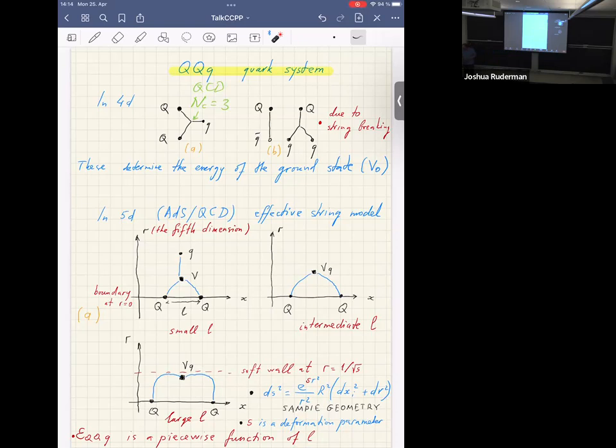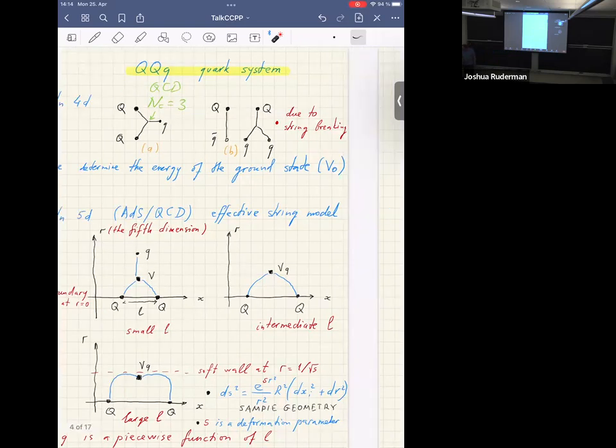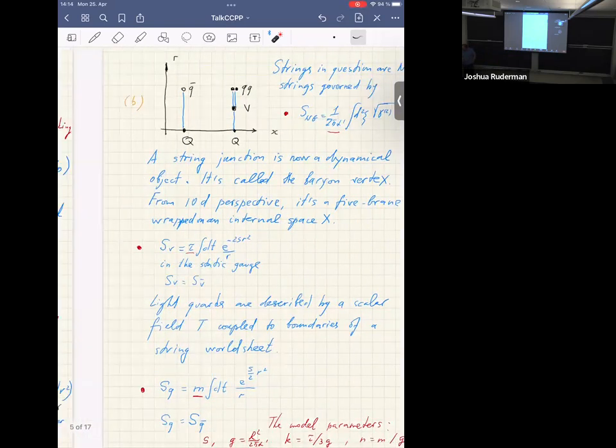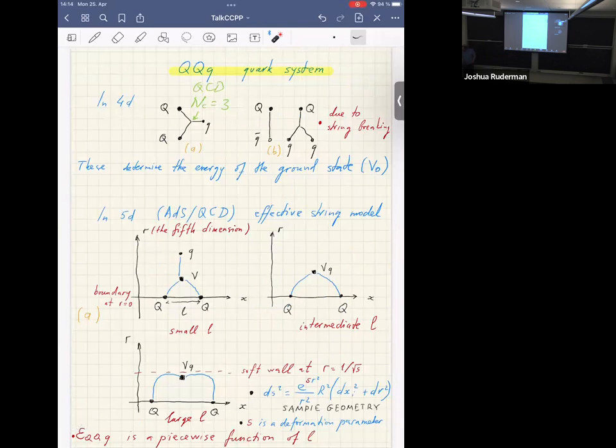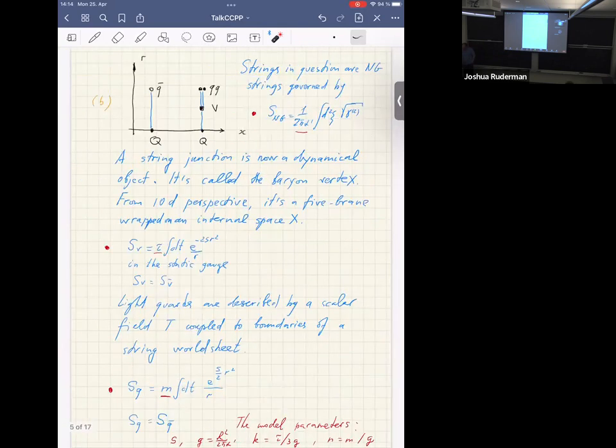Okay, and now let me just say what happens with these disconnected diagrams. For the heavy-light meson it looks like that: heavy quark on the boundary and light anti-quark in the bulk. And for the heavy-light baryon it looks like this.